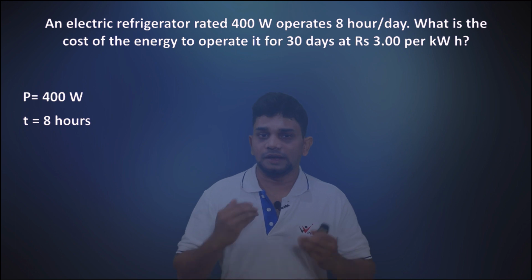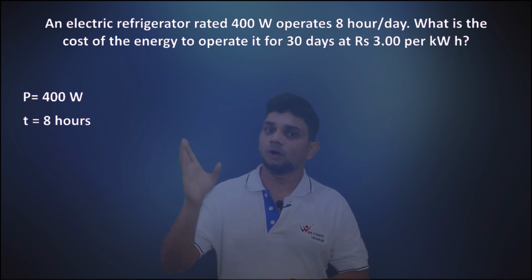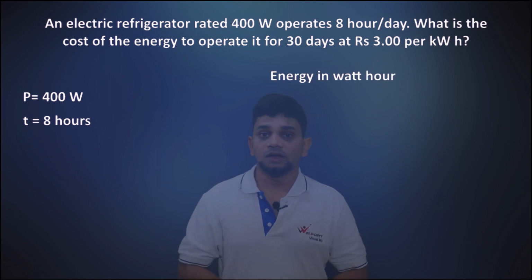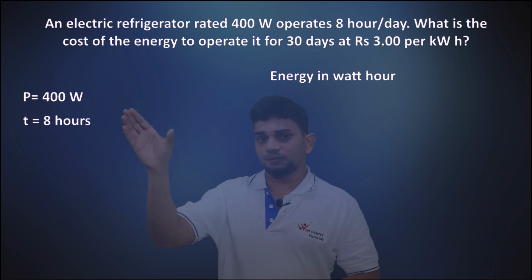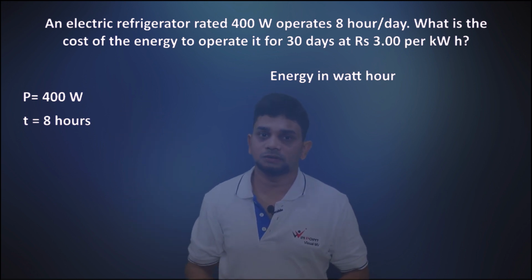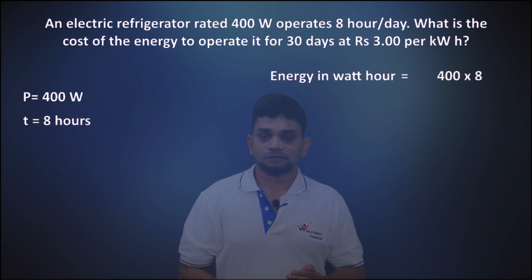First we need to find the energy in watt hour. P is given in watt, T is given in hour. So we are going to find the energy in watt hour. Energy in watt hour means P into T, 400 watt into 8 hours. Watt into hours, watt hour. So it will be 400 into 8.